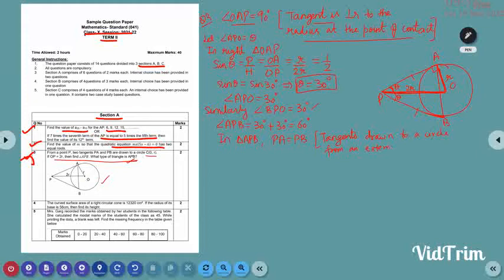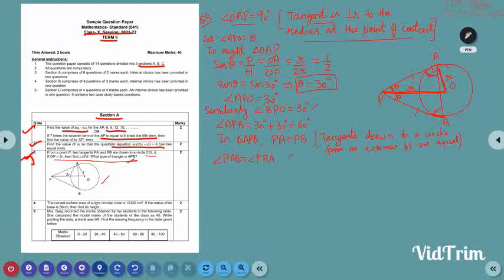So in this triangle APB, PA is equal to PB. That means these two angles PAB and PBA will be equal to each other. If these two sides are equal, these two angles which are opposite to these sides will be equal, because we have a property, angles opposite to equal sides of a triangle are equal. So first of all, we write PA is equal to PB.